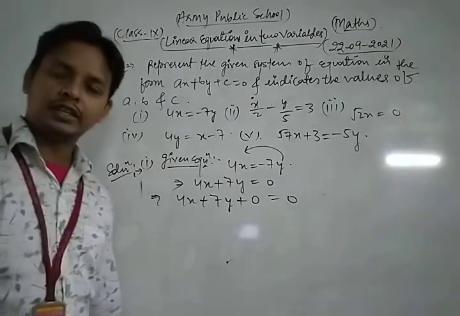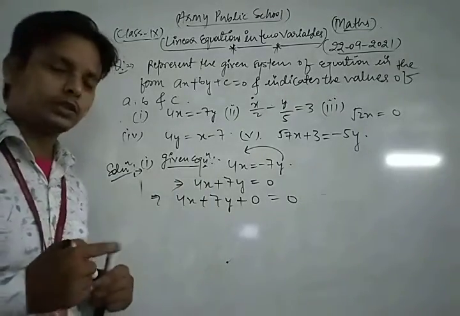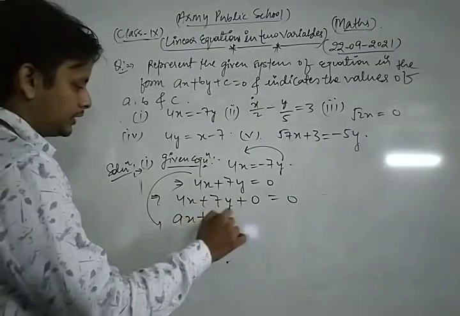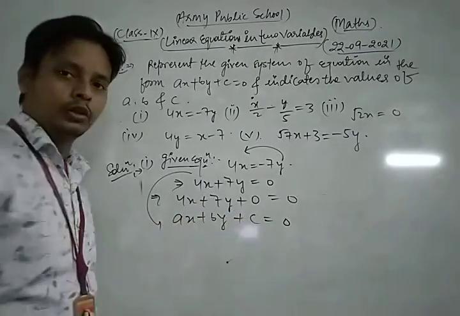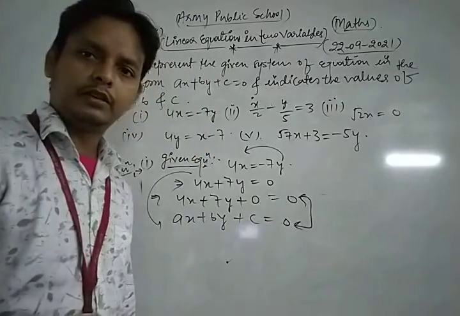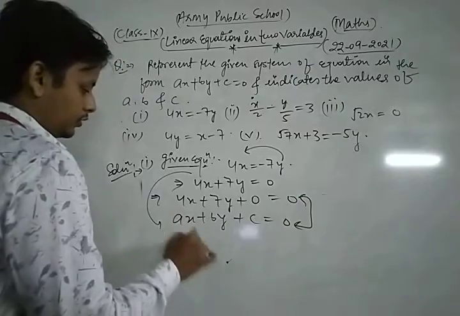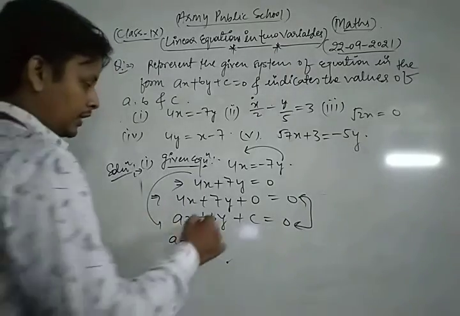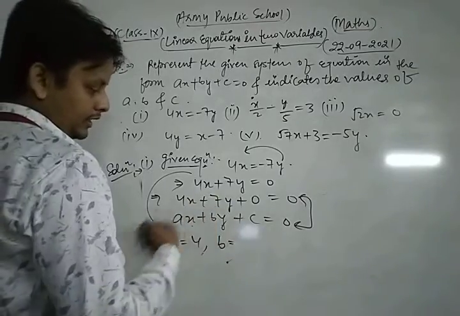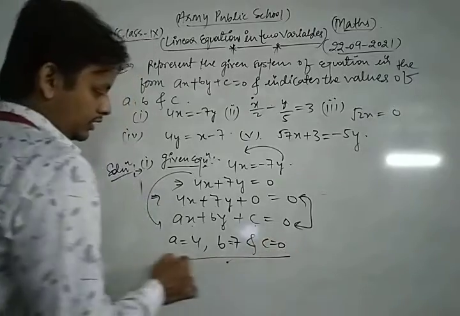In this way, dear students, we represent the given equation in the form ax plus by plus c is equal to 0. When we compare these two equations, the value of a is 4, because this is the coefficient of x, and the value of b is 7, because this is the coefficient of y. The constant term is nothing, that is 0. So this is the required answer.